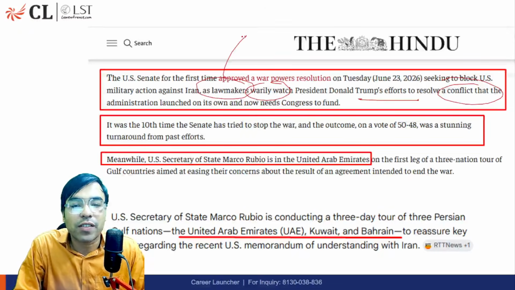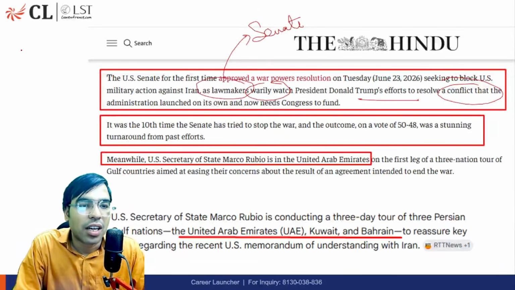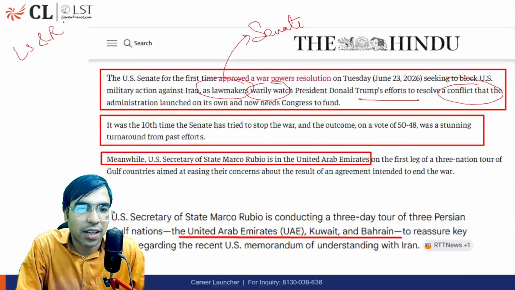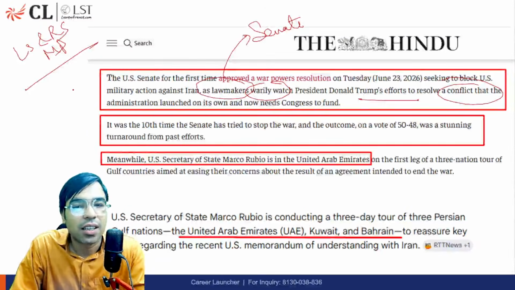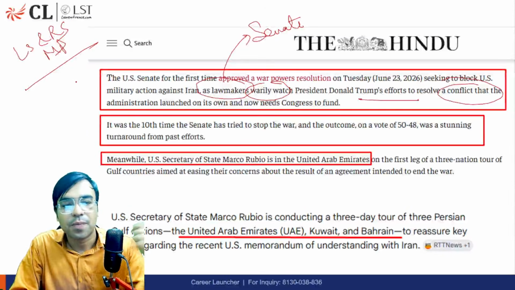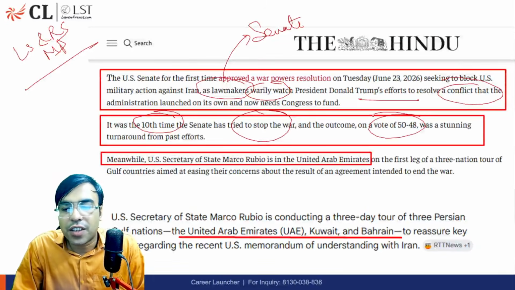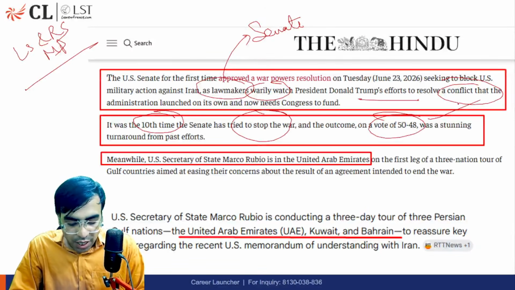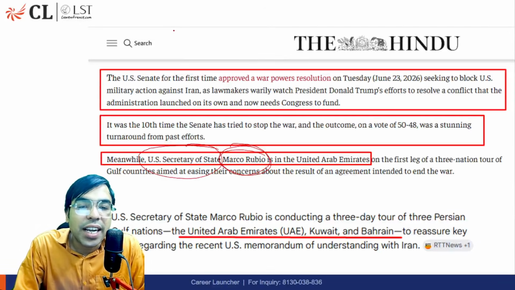Lawmakers means the members of the Senate, just as we use the word lawmaker in India for Lok Sabha and Rajya Sabha MPs. Similarly, the members of the House of Representatives and the Senate are lawmakers there. It was the 10th time the Senate tried to stop the war, and the vote was 50 to 48. That is what you should know. And right now, Marco Rubio is the US Secretary of State, like we have a Foreign Minister in India.